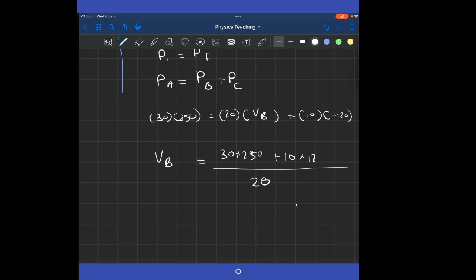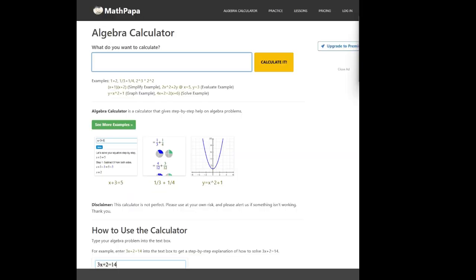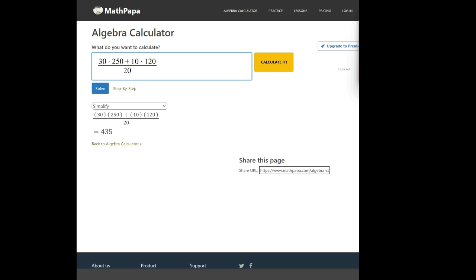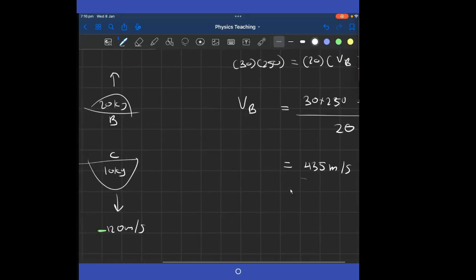And now let's just put this in our calculator and see what the solution is. So 30 times 250 plus 10 times 120 over this, and this is going to be 435. Alright, so we know that the final velocity of part B, so this one here going up, is going to be 435 meters per second. The question told us it's going up, and the solution we got is a positive number.